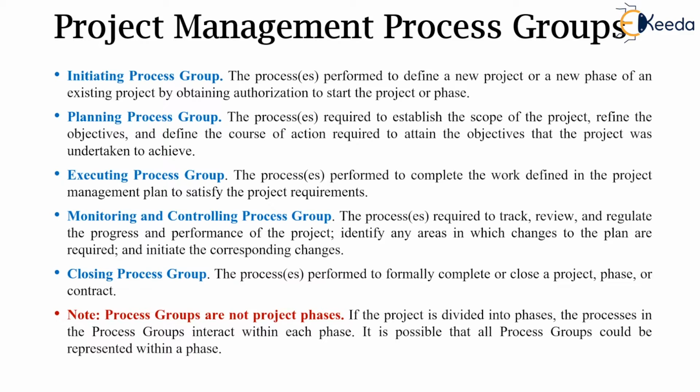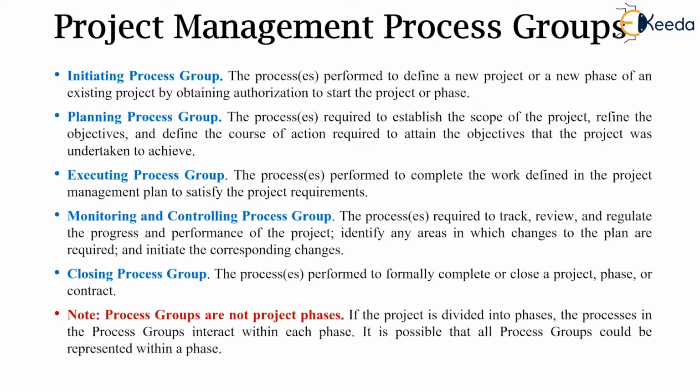In the next phase, that is the executing phase, the processes performed to complete the work defined in the project management plan in order to satisfy the project requirements are given. The monitoring and controlling process group is one of the largest process groups, which tracks, reviews, and regulates the performance of each of the previous process groups.